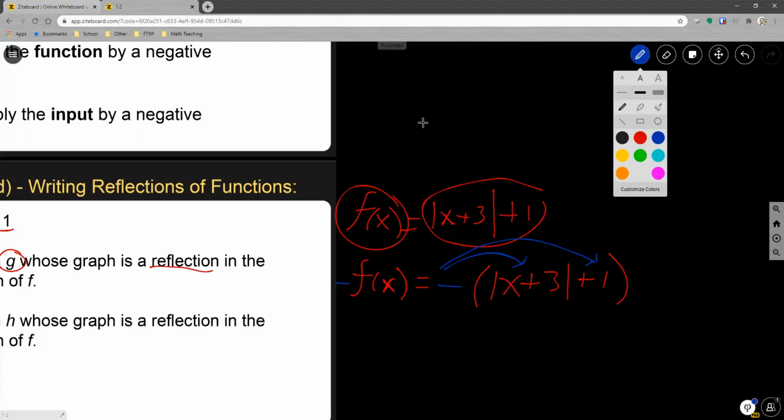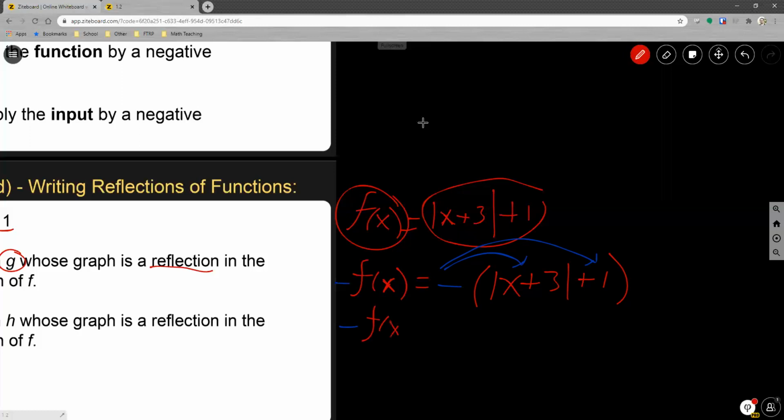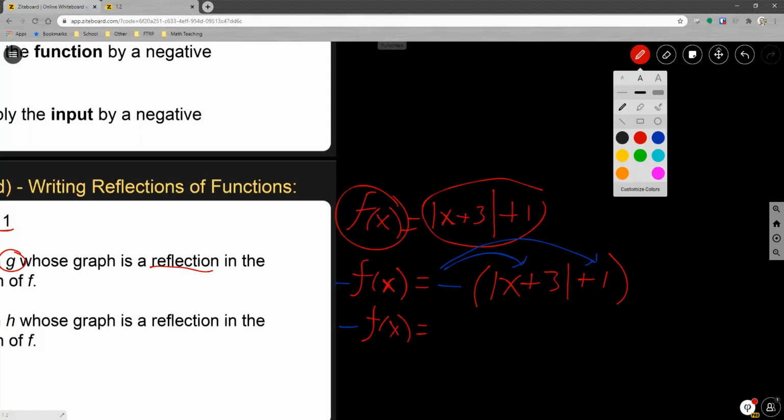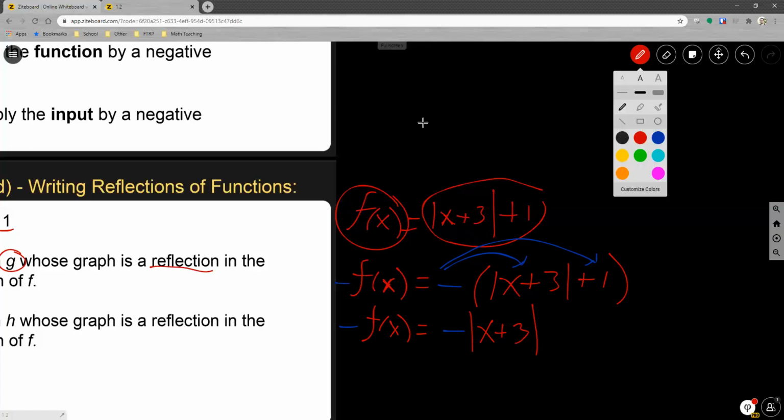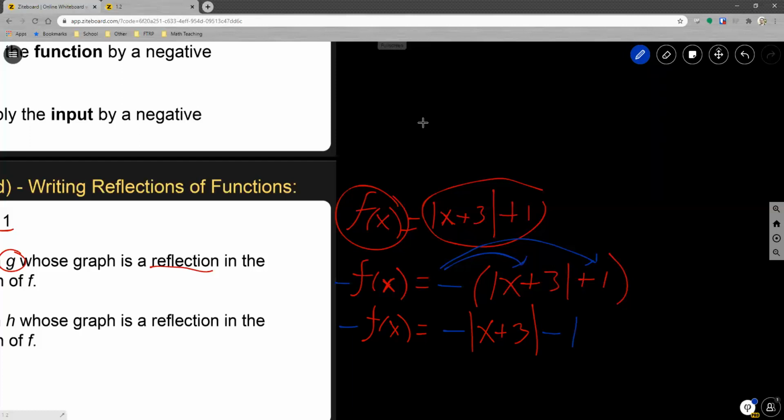When I do that, I get my new function. Still negative f of x, but it's going to be equal to negative sign, absolute value of x plus 3. That's the only way we can write that. And then the negative sign times +1 becomes a -1.